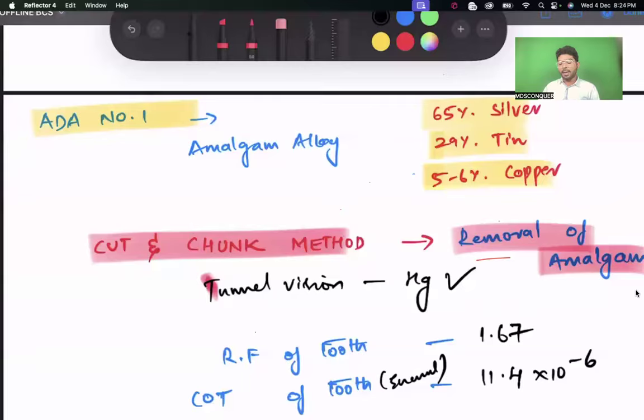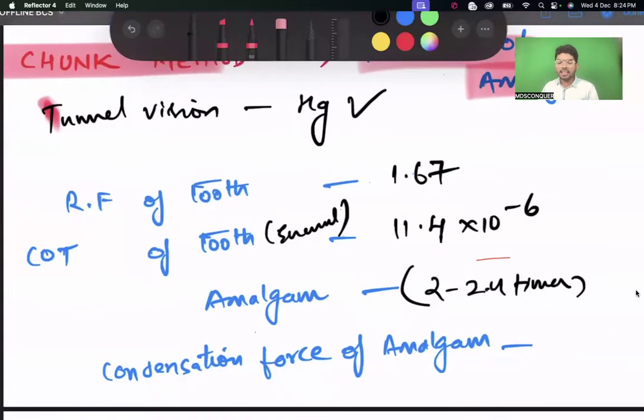Very good, Shiva. If you compare the coefficient of thermal expansion of enamel to that of amalgam, amalgam is somewhere around 2 to 2.4 times more. So what is the recommended condensation force of amalgam?